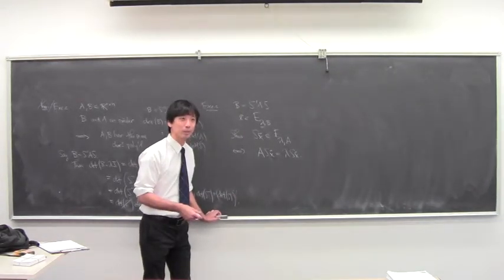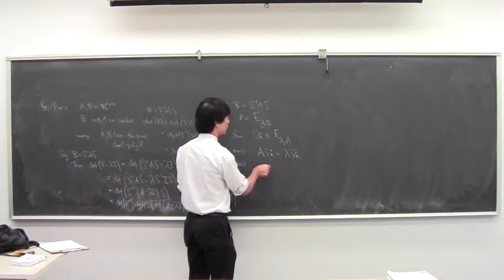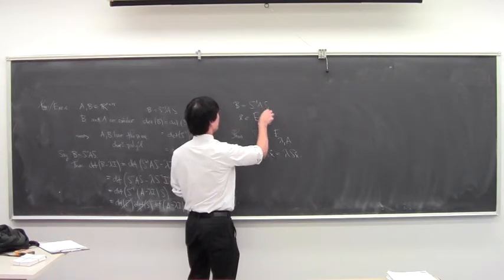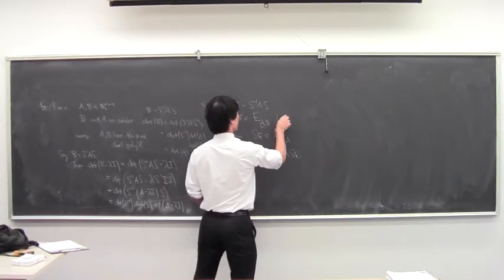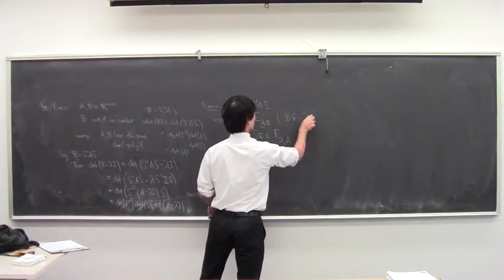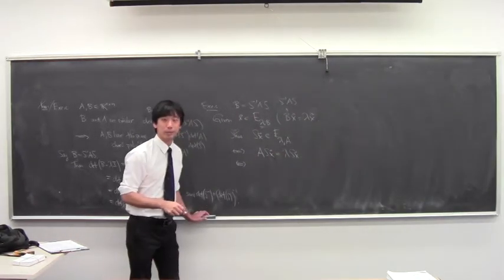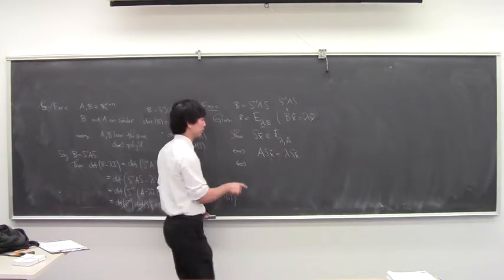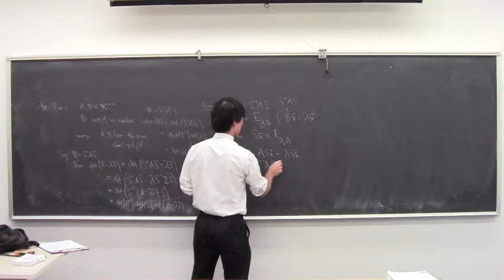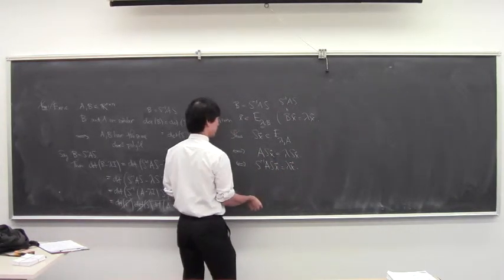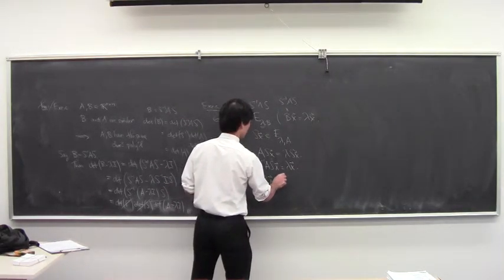It's obvious, because what do you know? We're given that Bx equals lambda x, where B is S inverse AS. This thing down here is equivalent to saying S inverse AS x equals lambda x, which is equivalent to saying that Bx equals lambda x, which we know.